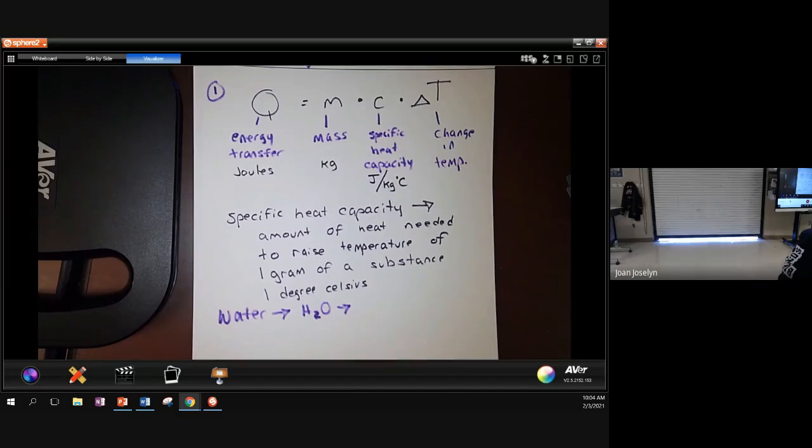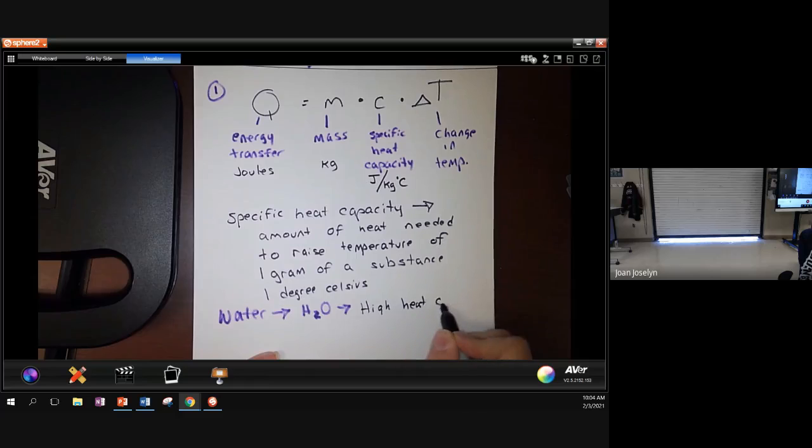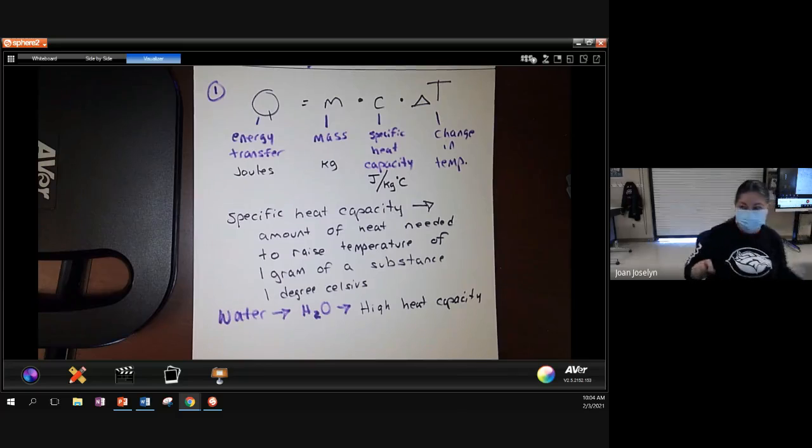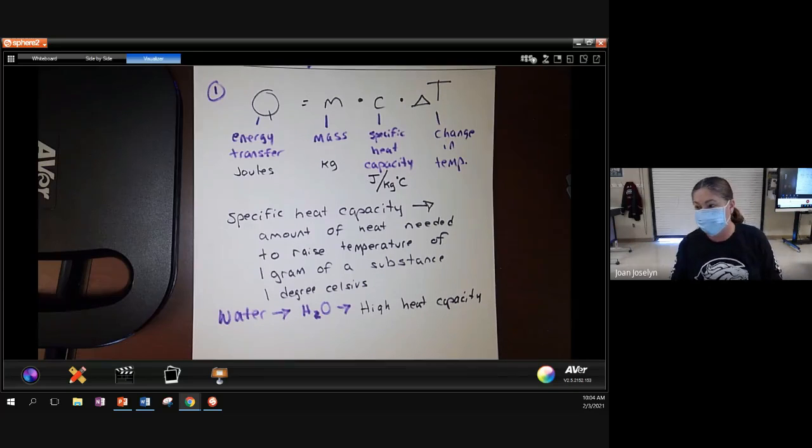That purple is too thick to write with. So it takes more energy to raise a gram of water 1 degree than for most other substances. So if you put water on the stove, butter on the stove, and you just let them sit there, the butter's going to melt first.